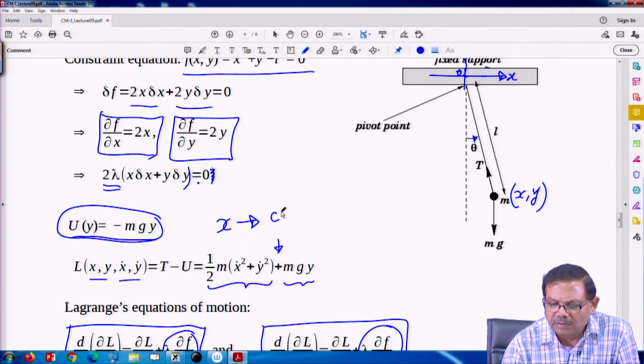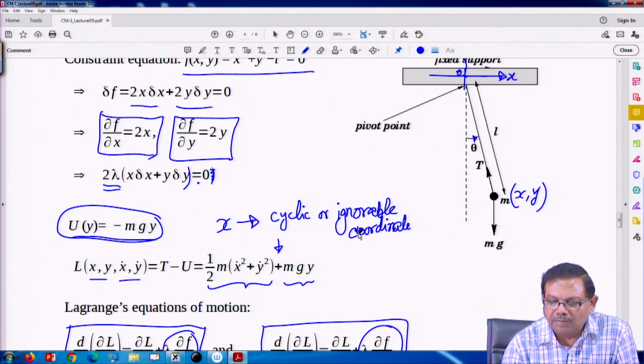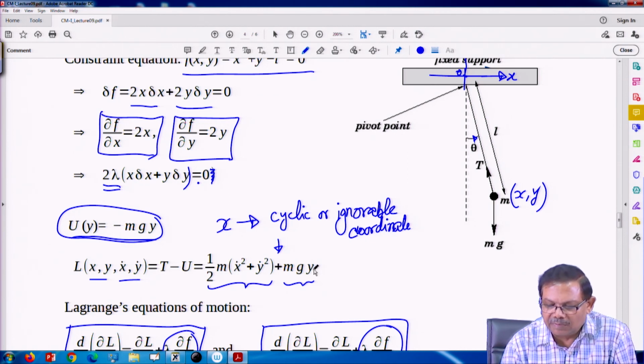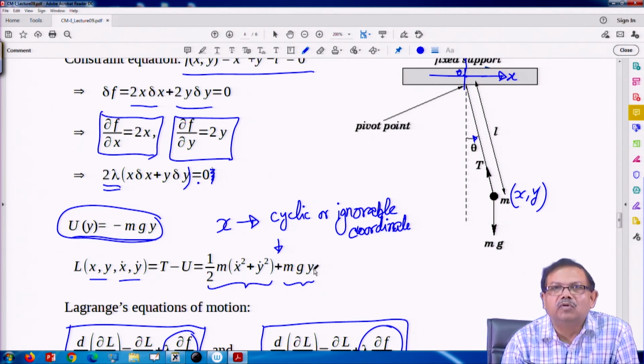So, x is called a cyclic or ignorable coordinate. Whenever a coordinate is cyclic, that means it does not appear explicitly in the expression for the Lagrangian, the corresponding momentum is conserved if there is no constraint.